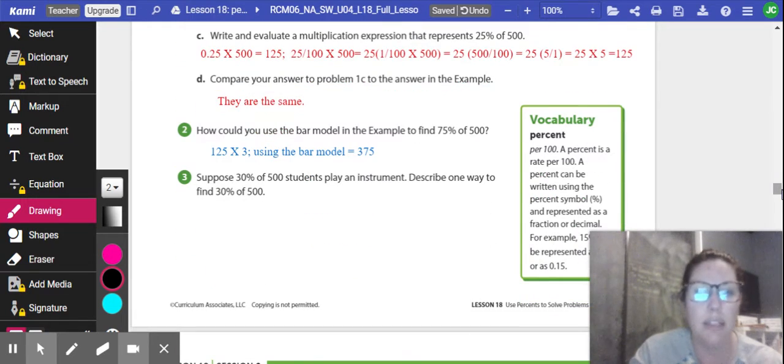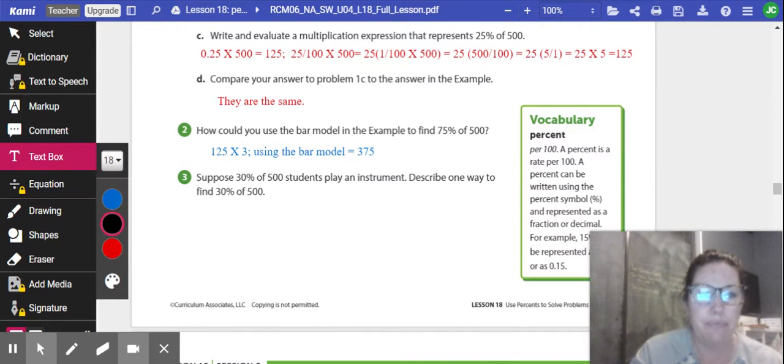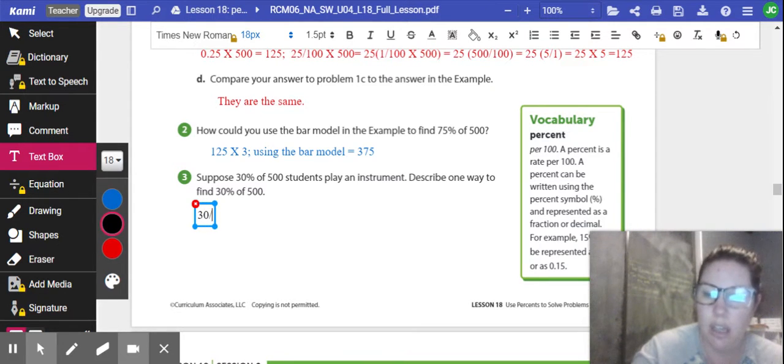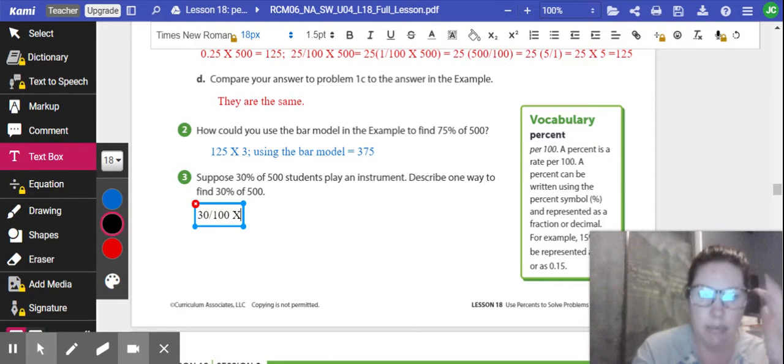So that's the bar model way, but let me show you the math way now. So 30% of 500, which is the same thing as 30 hundredths. Remember, the word of means to times 500.